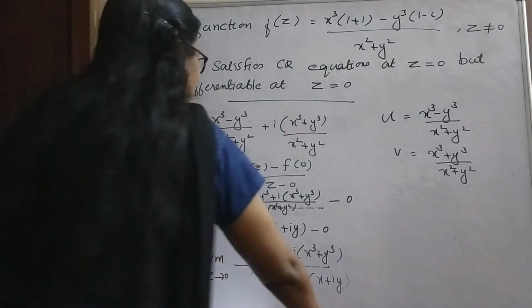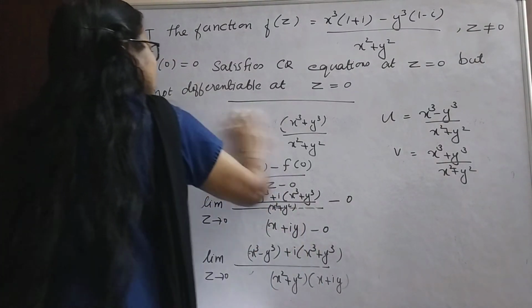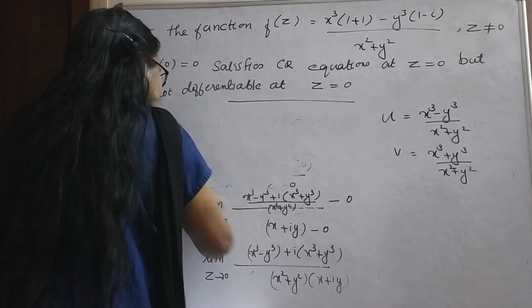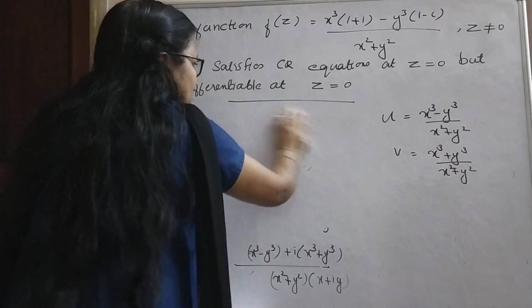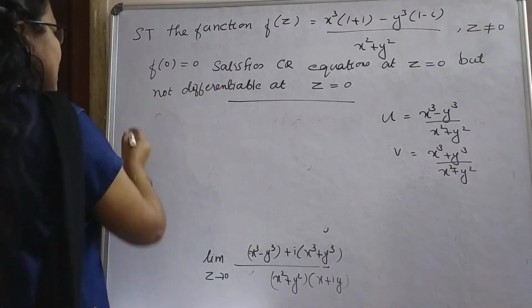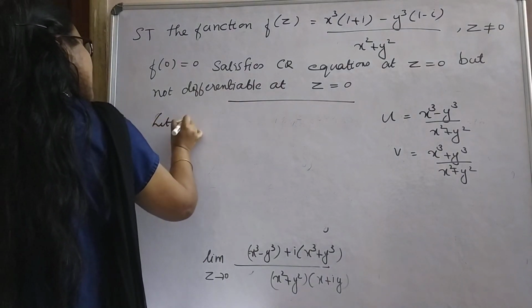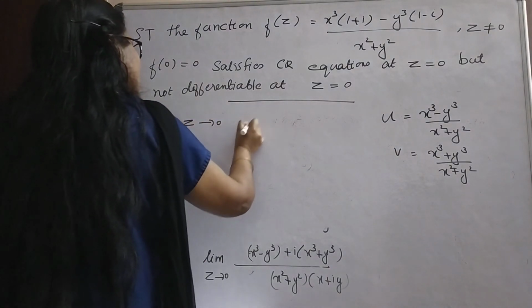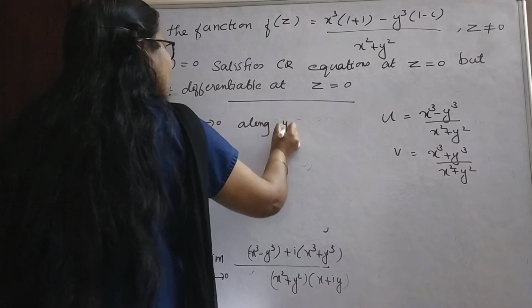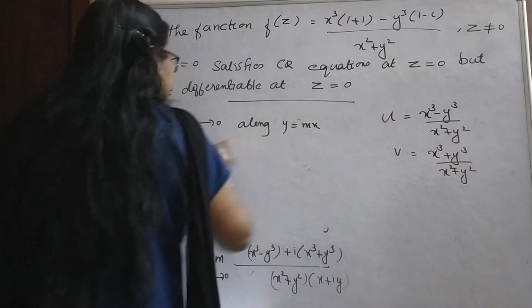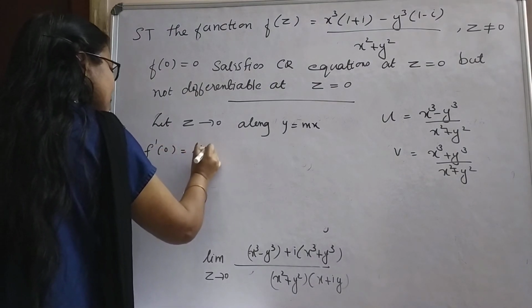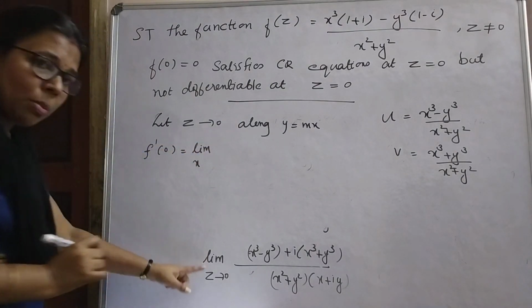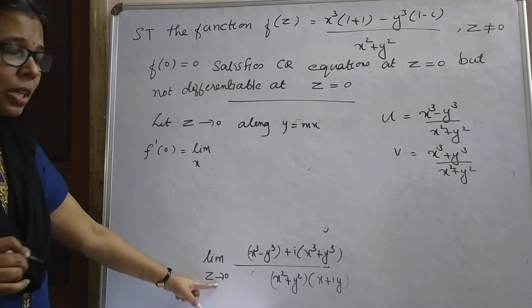Now, let z tend to 0 along the line y equal to mx. That is, f dash 0 equals limit z tending to 0, meaning x tending to 0, also y tending to 0.